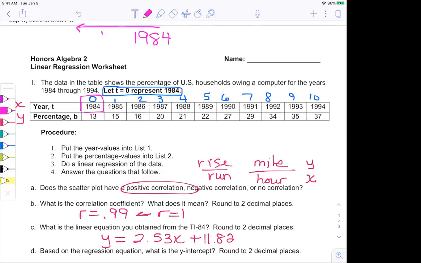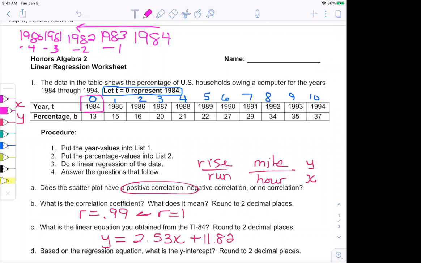So think: 1983 would represent -1. 1982 represents -2. 1981 would be -3, 1980 would be -4. But I have to go an extra 0.67. So that means I have to go into 1979 to be beyond -4.